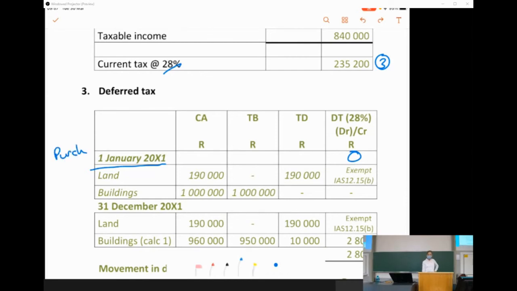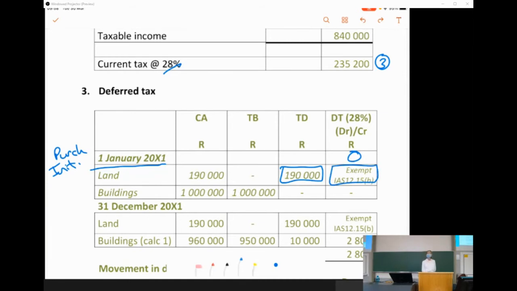So I'm showing you here that for land, the temporary difference arose at initial recognition. So this is my initial recognition date. It was not part of a business combination. And at the date of purchase, initial recognition, it did not affect the accounting profit or tax profit, so therefore it's exempt.